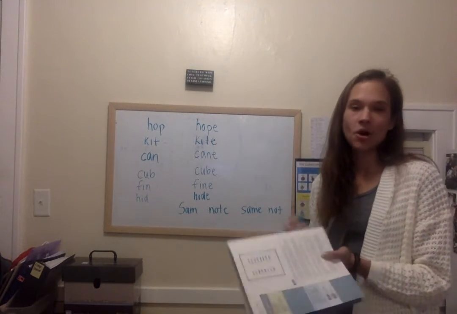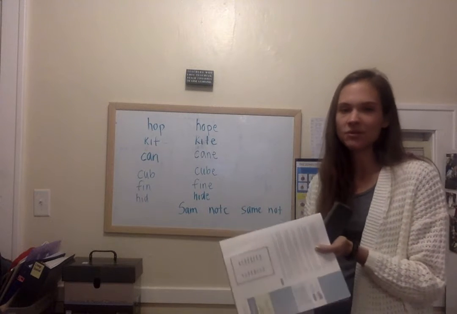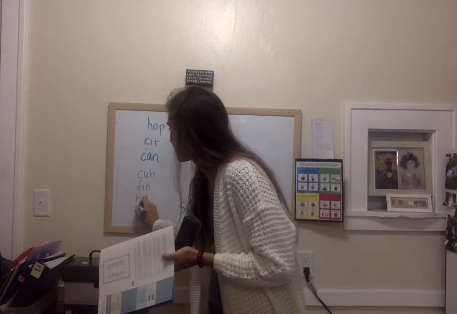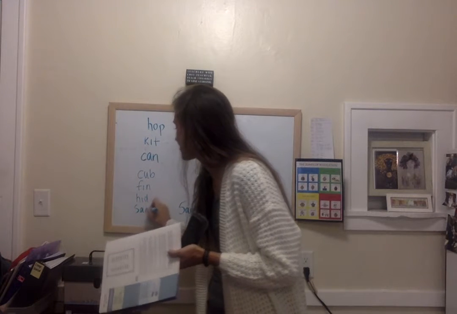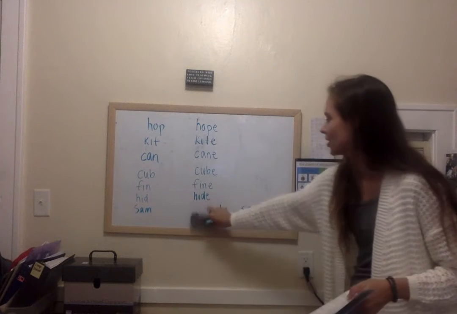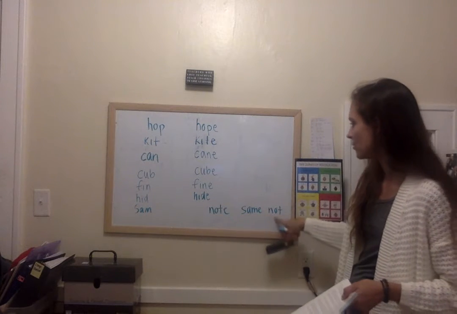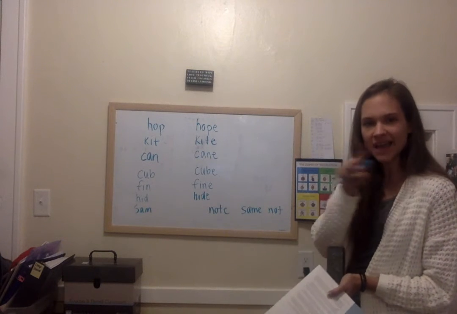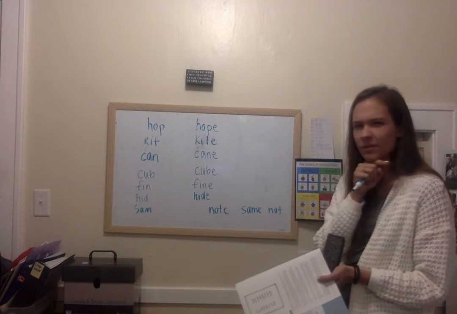Where would Sam go? Like Mr. Sam, our music teacher. Where would his name go? Go here. It's a short A sound. Sam. Do you see a word? We have 3 words here. Do you see a word that we should put next to Sam? If we added a silent E to Sam, what word would it make?